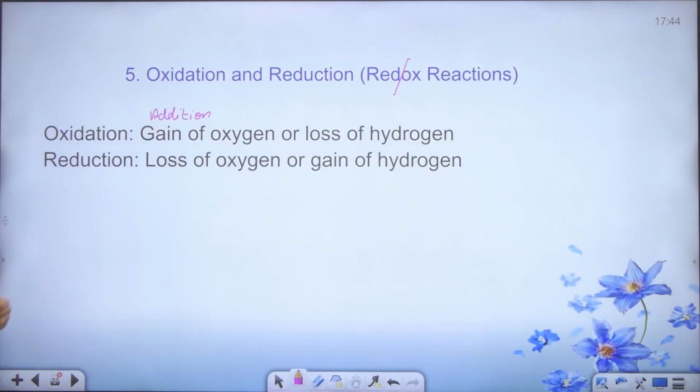Oxidation means addition of oxygen or removal of hydrogen. Both are oxidation. That type of reaction is called an oxidation reaction.